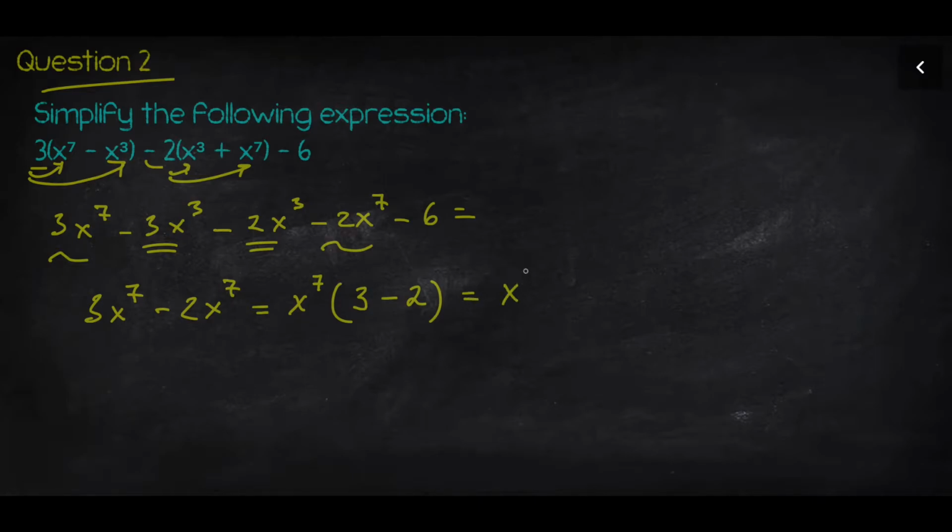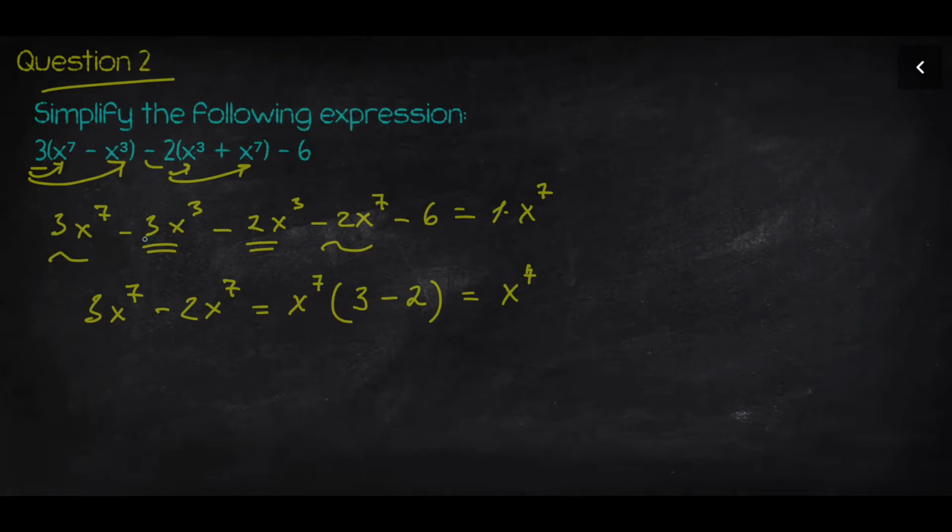But the strategy here is pretty straightforward. You just don't touch the exponents. Okay, you leave them as they are and work with the numbers before the exponents. So basically you're working with coefficients. 3 minus 2 is going to be 1, so just 1 times x to the power 7 is just x to the power 7.